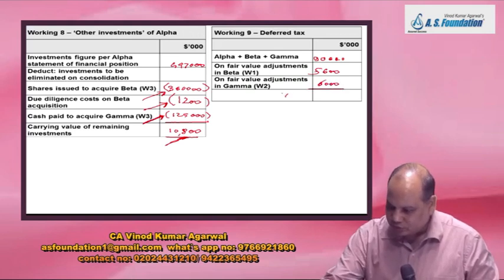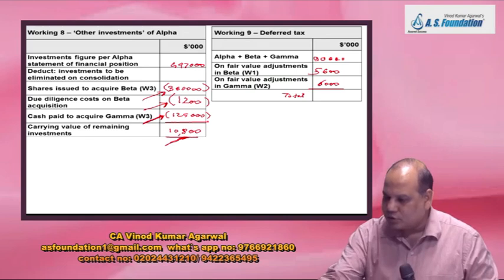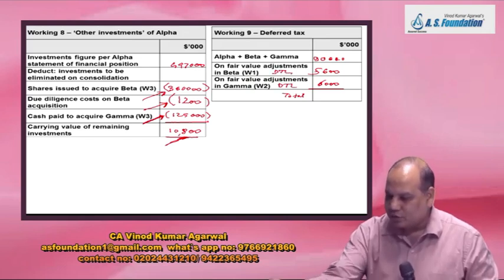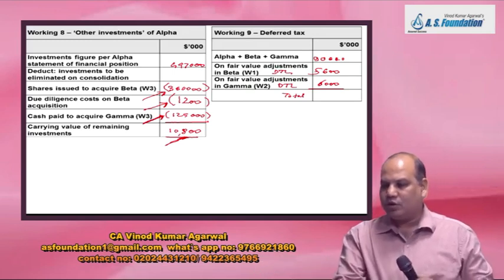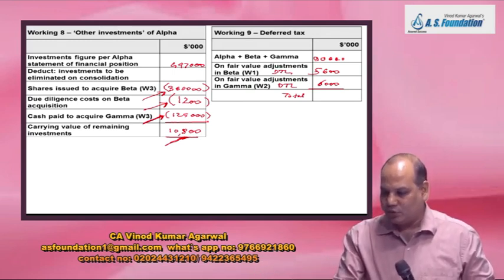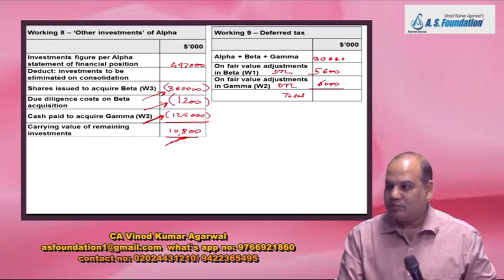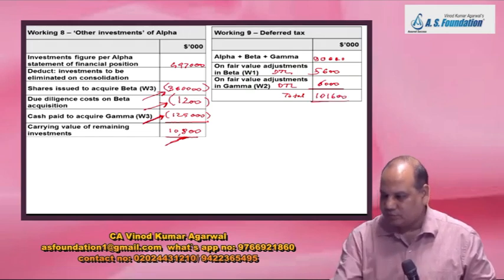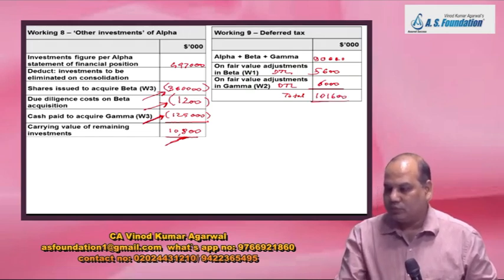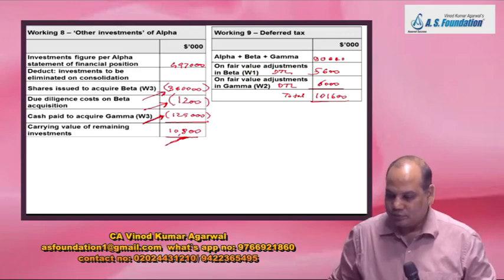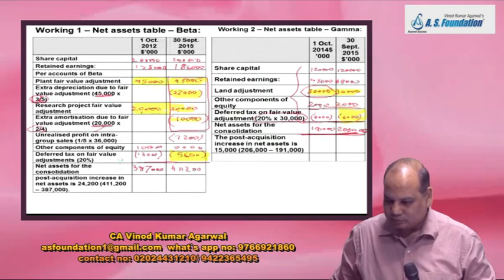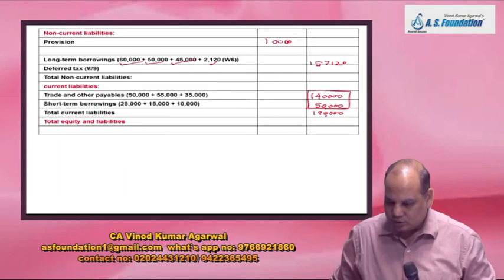So this is the total. Now this is also DTL. This is also DTL. And the opening balance is also a liability. So it will be added. So final figure is 1,01,600. Is it right? Say yes. 1,01,600 in balance sheet.